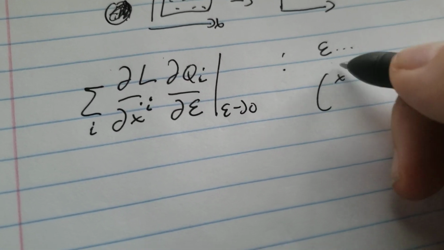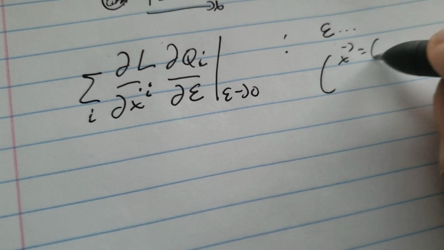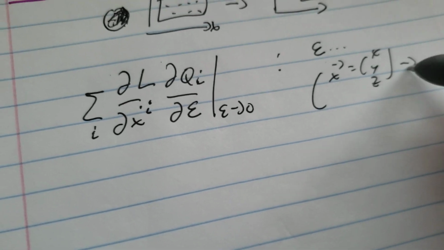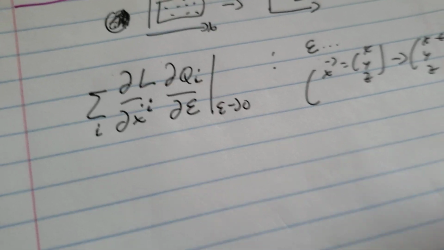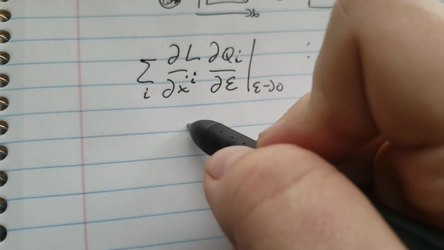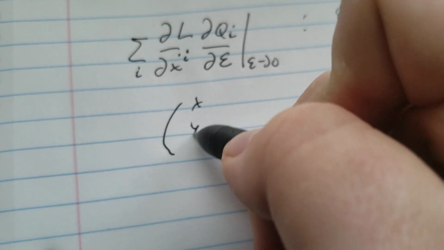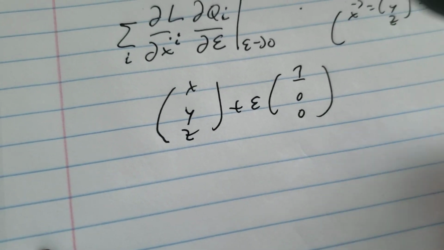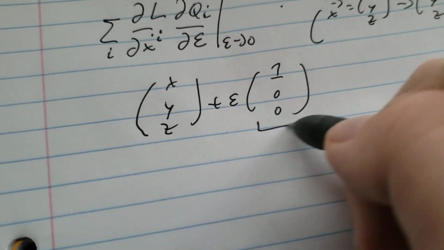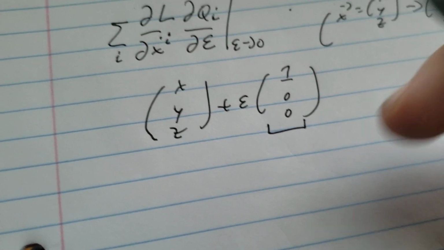Then our position vector will translate to x plus epsilon, y, z, which is just x, y, z plus epsilon times 1, 0, 0, which is just the x basis vector.